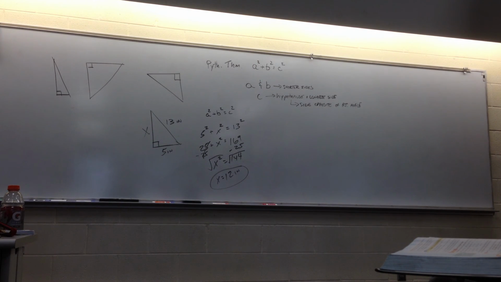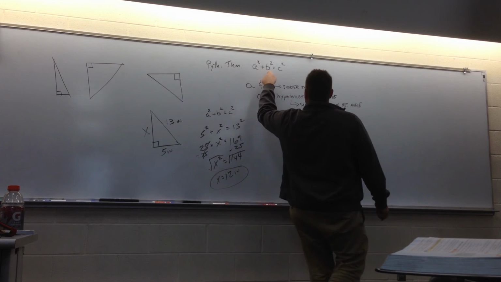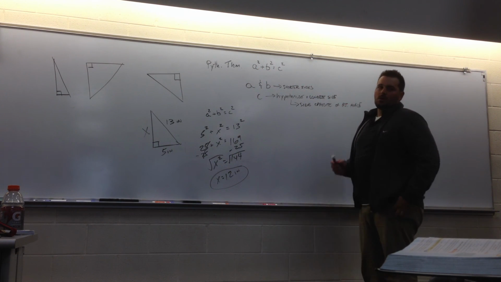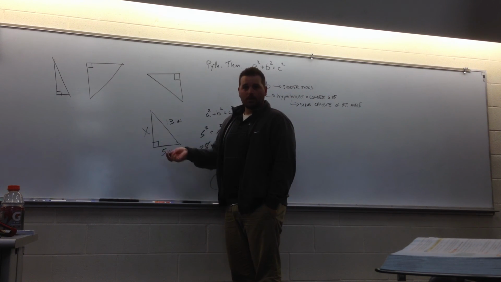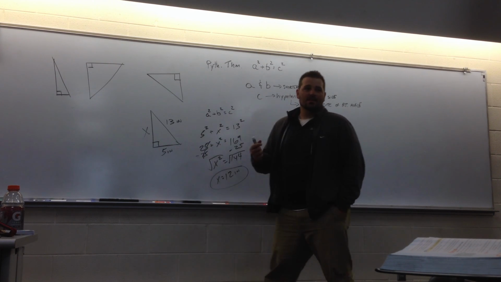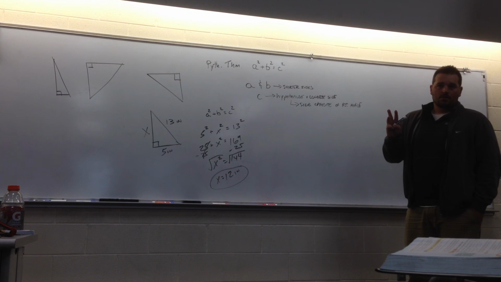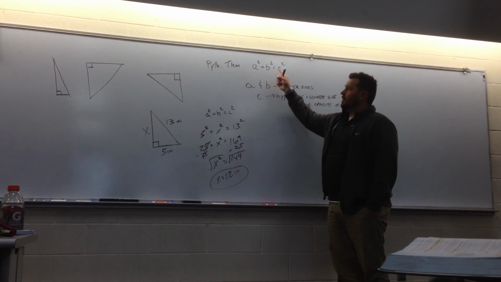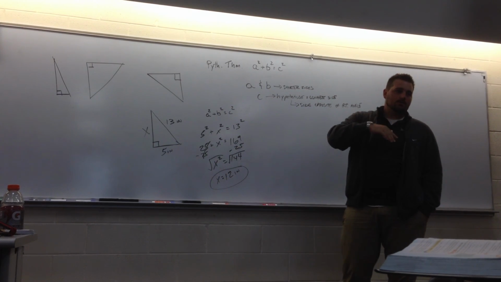Now, the converse of the Pythagorean theorem simply says that since a squared plus b squared equals c squared works on right triangles, it says that if a triangle has 3 side lengths, and when we put them into here, it works out, then that triangle is a right triangle.